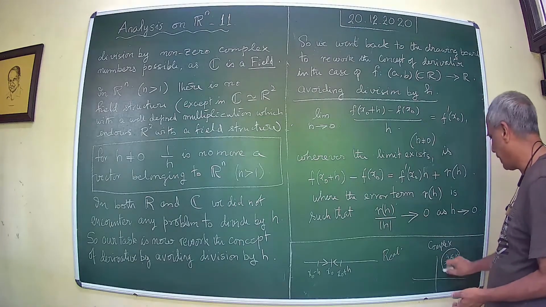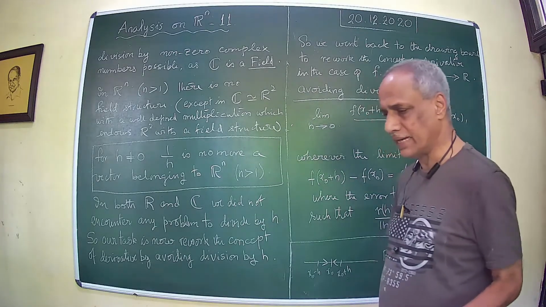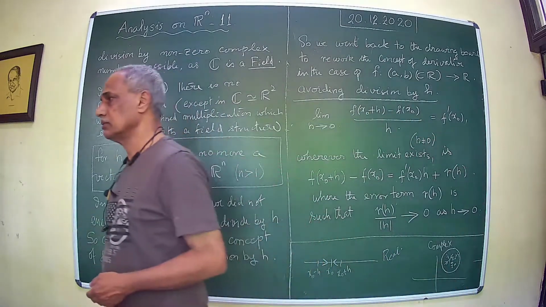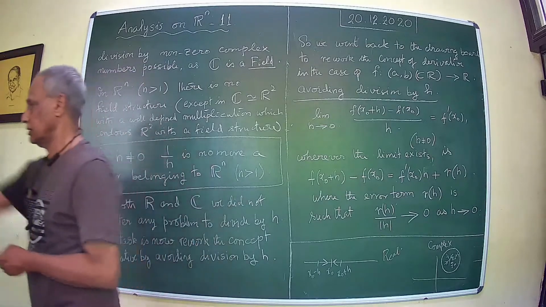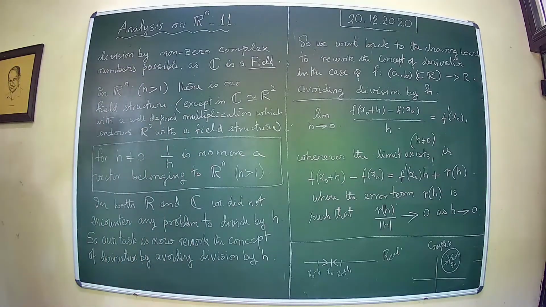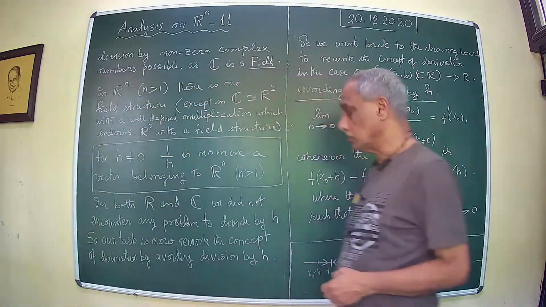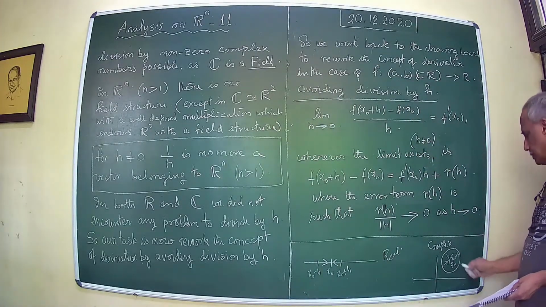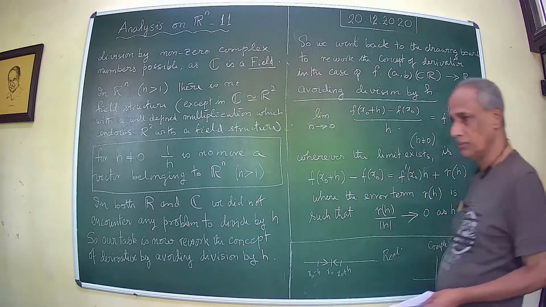A neighboring point is any point in this, and that point can go to 0 in so many different ways. That's the problem. So h can go to 0 from all around. It can even take a weird path and go to 0.